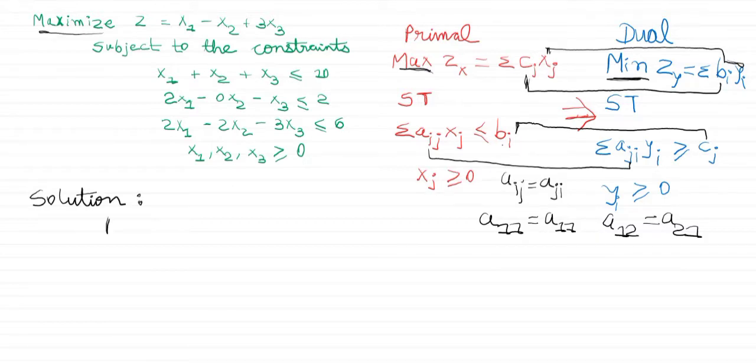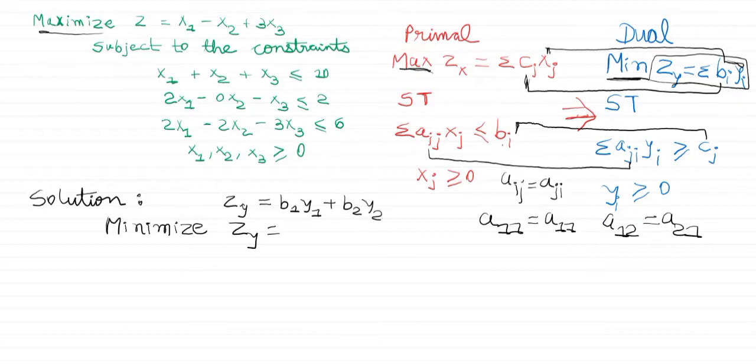Firstly, maximize will be written as minimize, and then z, which is zy, is equal to sigma bi yi, that is, we'll write it as b1 y1 plus b2 y2 plus b3 y3, as we are having 3 variables.